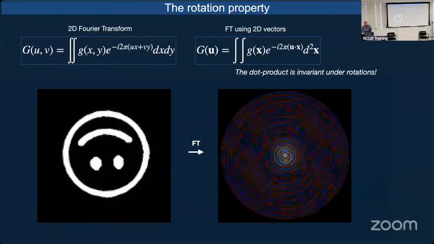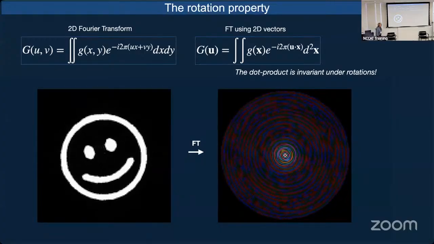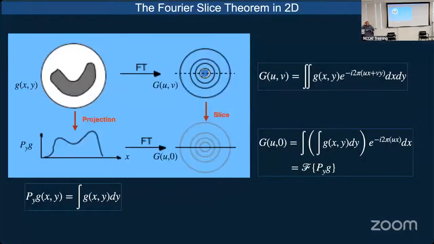And so here's an example. Can you see that? Yeah, just barely. So the Fourier transform rotates in the same way as the original object. So this is how CAT scans work. This is a cross section of your body showing something, I guess your liver or something, and you're in the CAT scan machine.